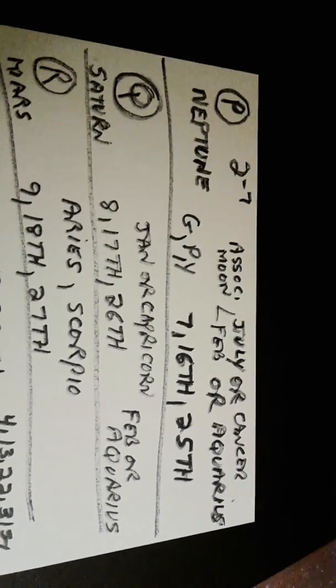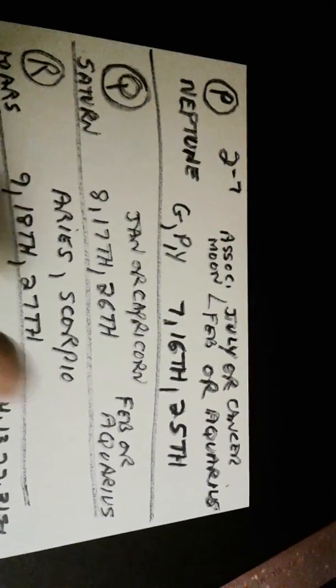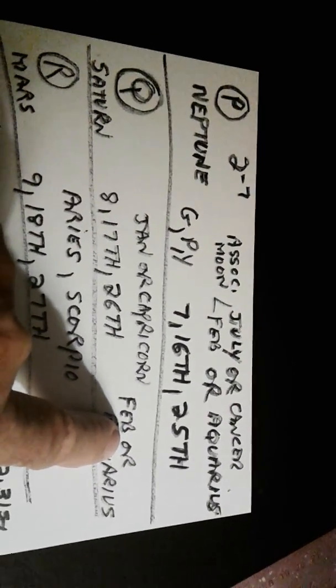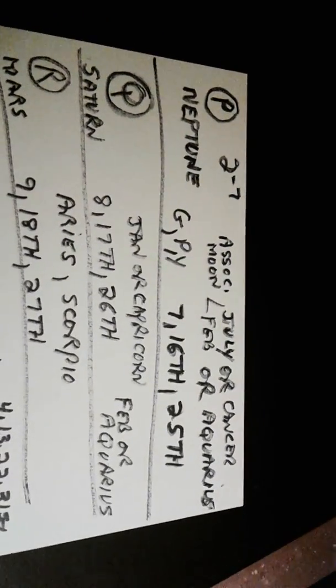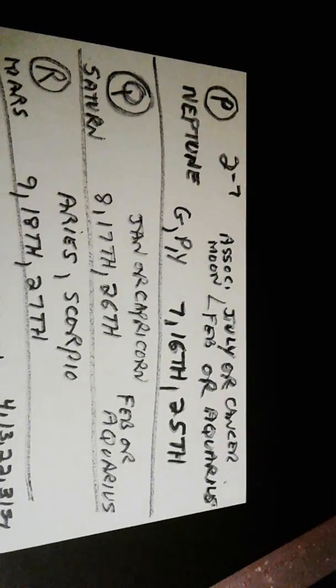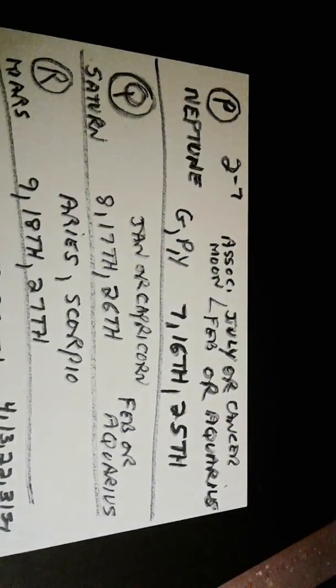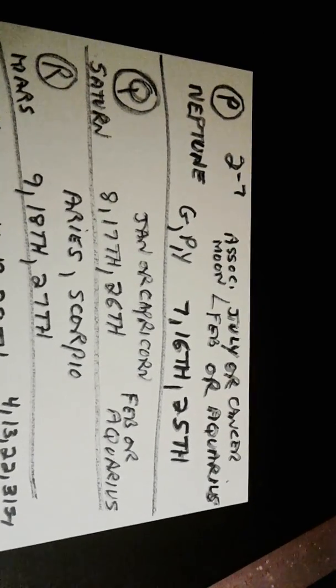The Q letter is a Saturn letter, and that's affected by January or Capricorn and also February or Aquarius, because like I said, Saturn and the moon are affected by February or Aquarius. Now, also people born on the 8th, 17th, or 26th day of any month.